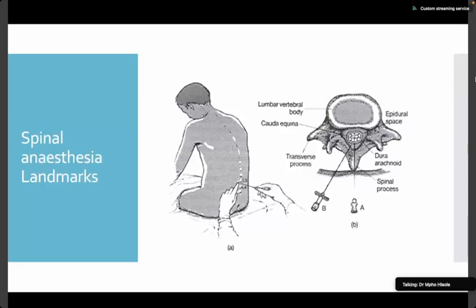So you need to know your landmarks and your anatomy, so that you can appreciate, when things don't go right, what has gone wrong. Okay.